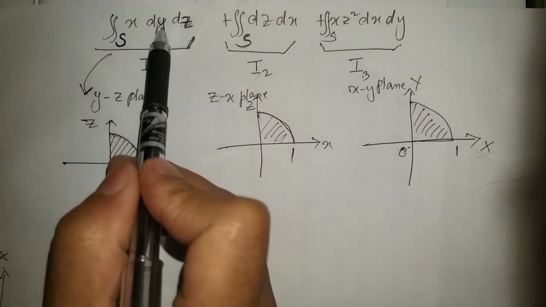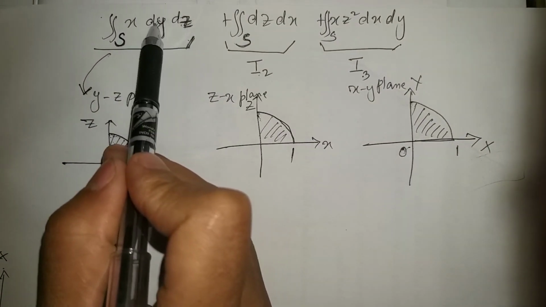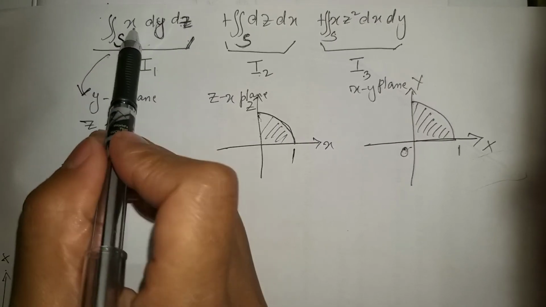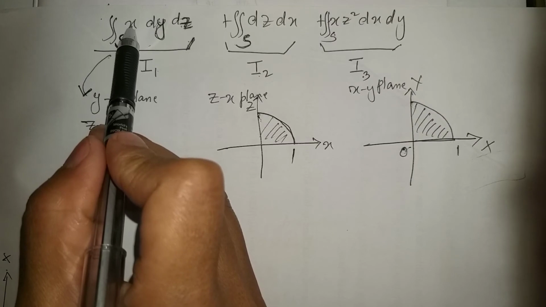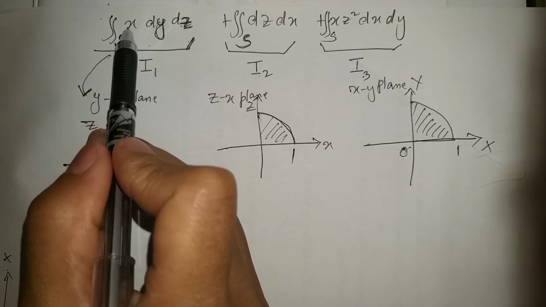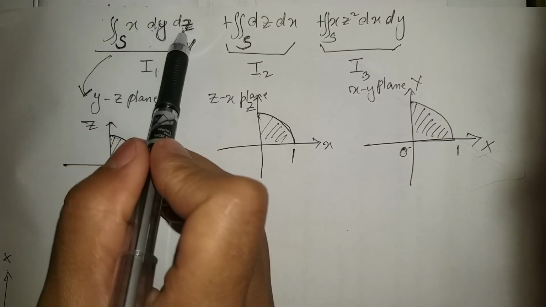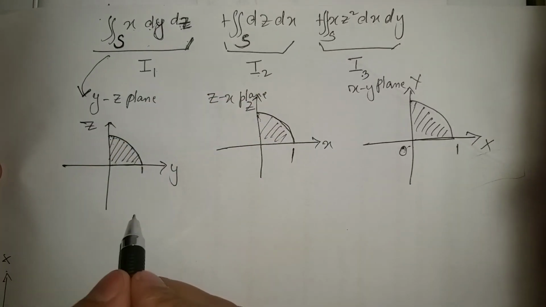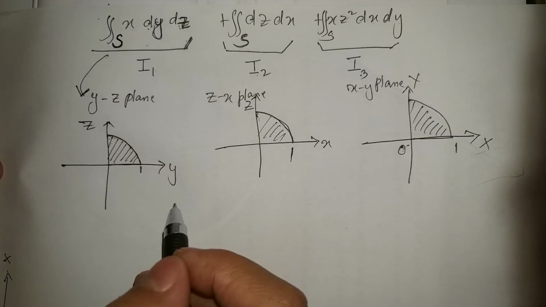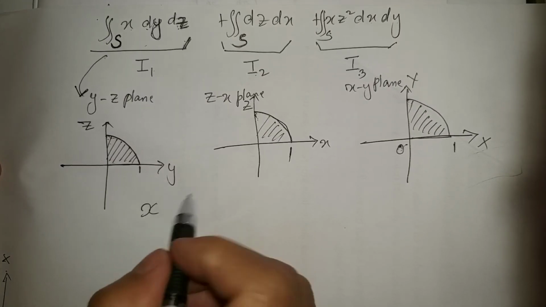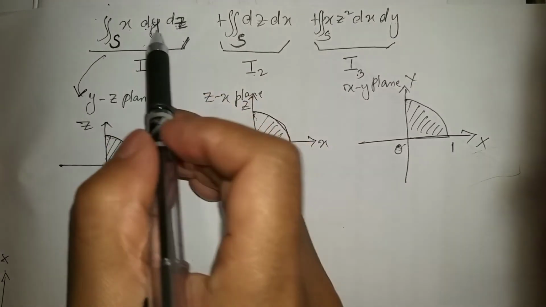For I1, we have y and z, but in the function, we have x. So this x, we will have to express in terms of y and z. Using the equation x squared plus y squared plus z squared equals 1, we can express x in terms of y and z.